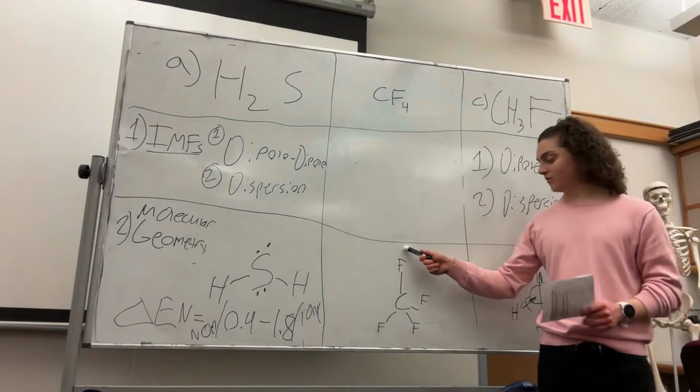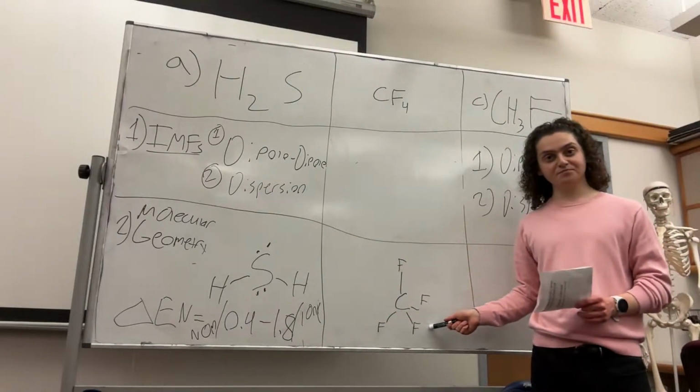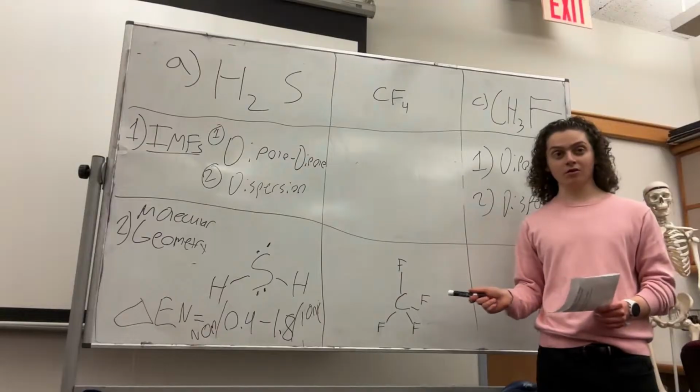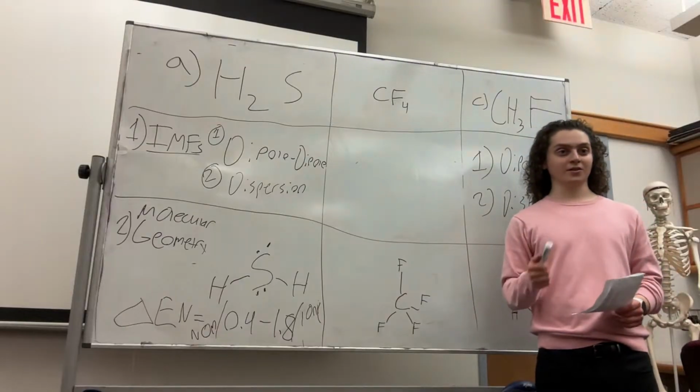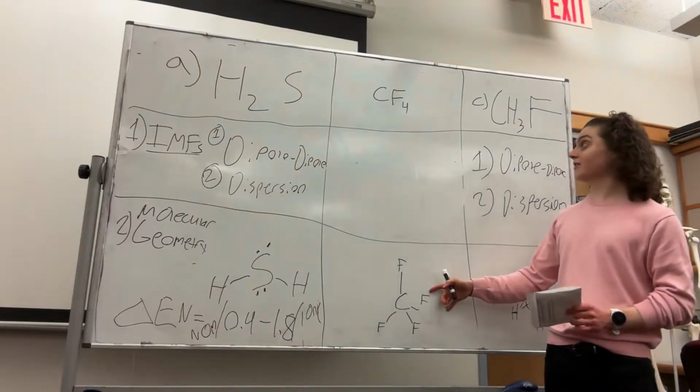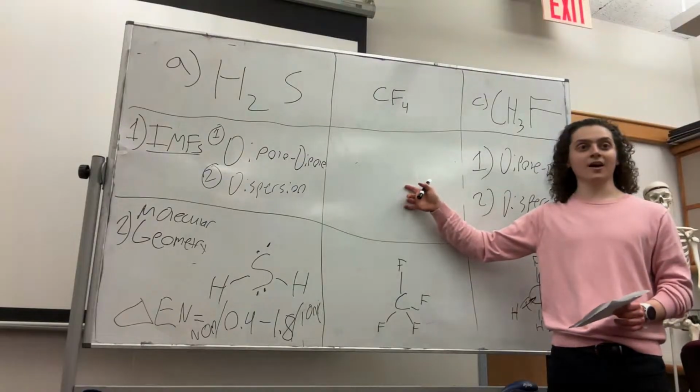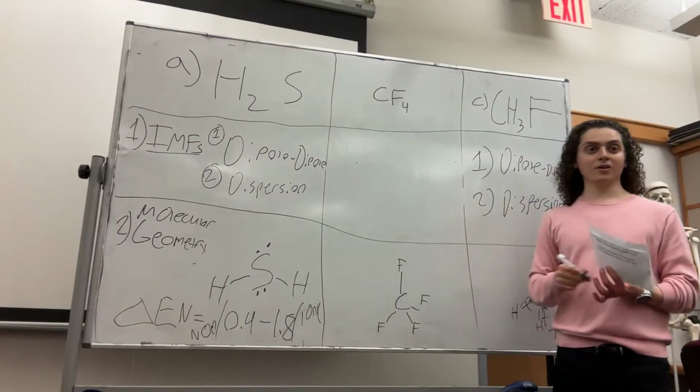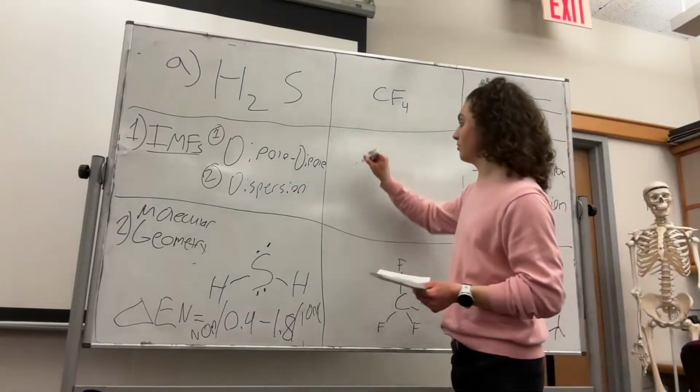So while each of these bonds certainly is polar, overall it's nonpolar, and that's what determines the intermolecular forces. So here with CF4, the only one we're going to have is dispersion because there is no overall dipole.